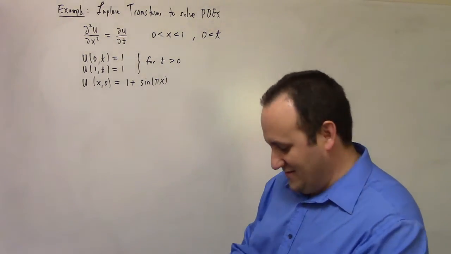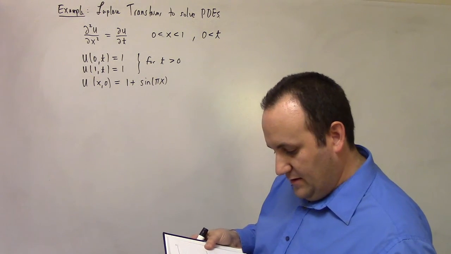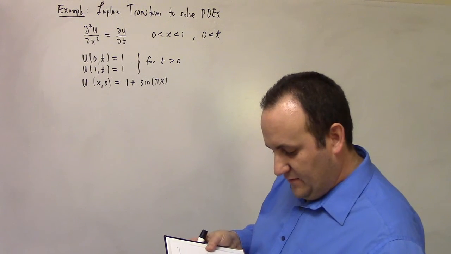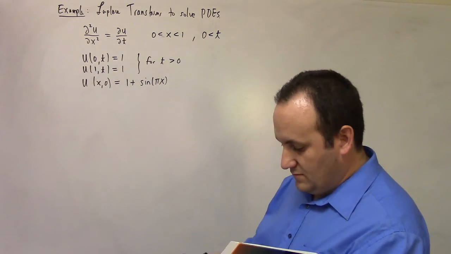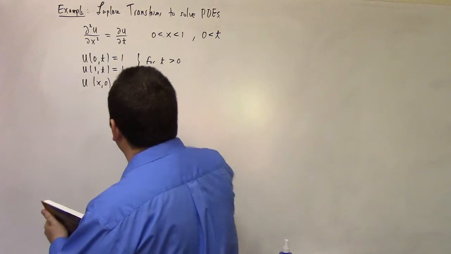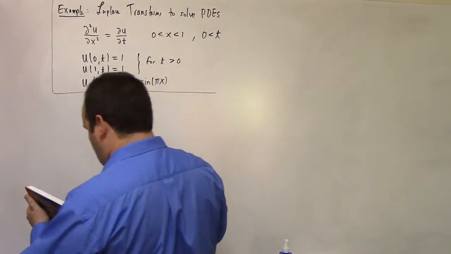Okay, so what we do is we take the Laplace transform, and the Laplace transform is taken with respect to, let me see here. Let me just give you a little of the theoretical backdrop, and then we'll actually apply it to this example.